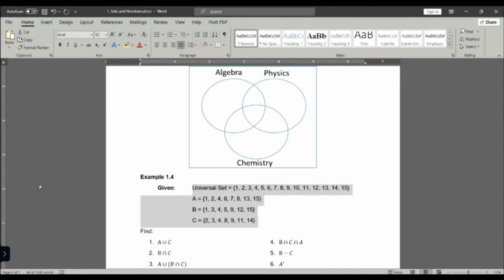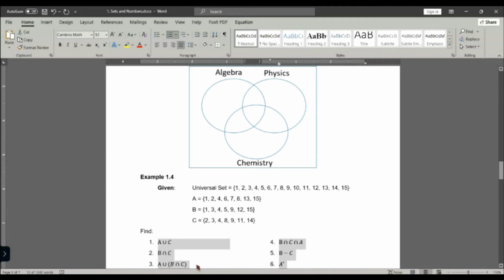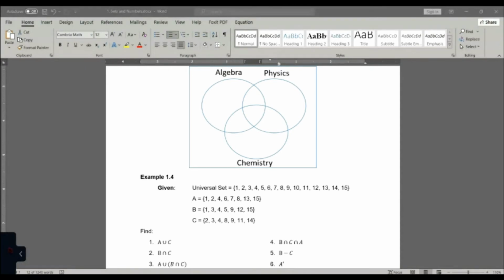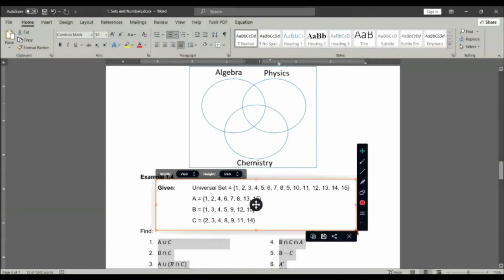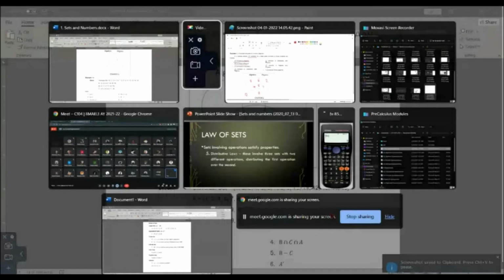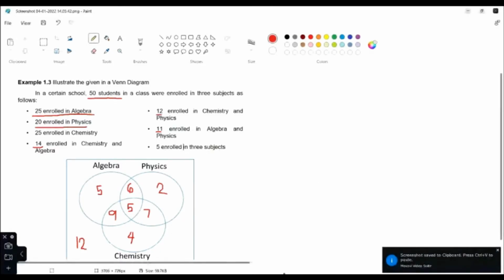Okay. Now, let's try to illustrate this first in the Venn diagram. And then after that, we'll try to evaluate this: the union of two sets, intersection, and so on. This is the application of the operations on sets. So let me copy the given here.